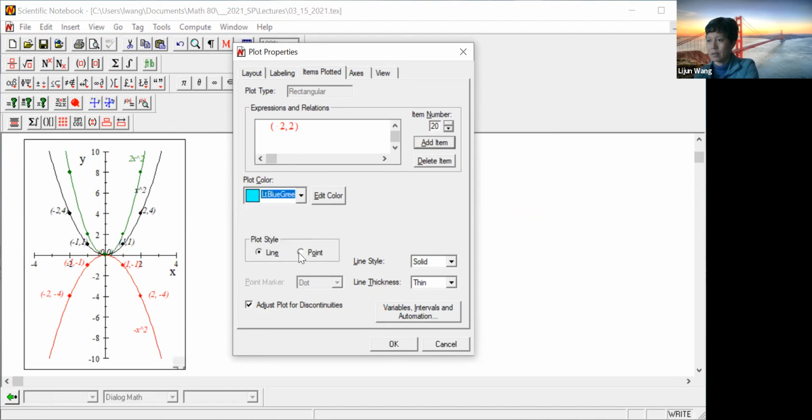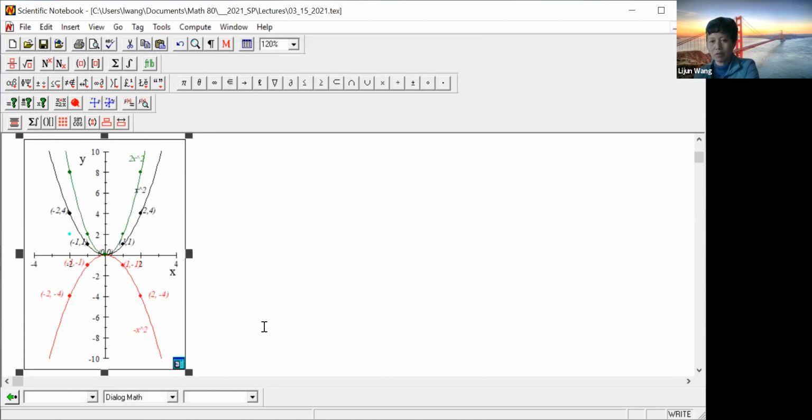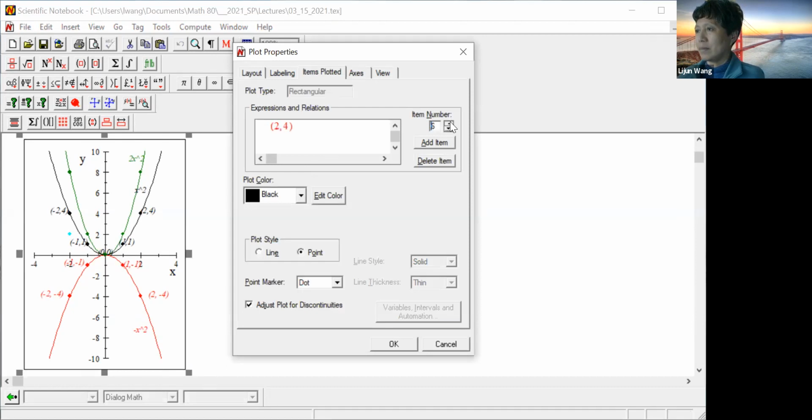Oh, let's see how it looks. Is that good? What do you think of that color? Is it clear? The bright blue. What do you call that color? Turquoise? Oh, it's called light blue green, whatever.